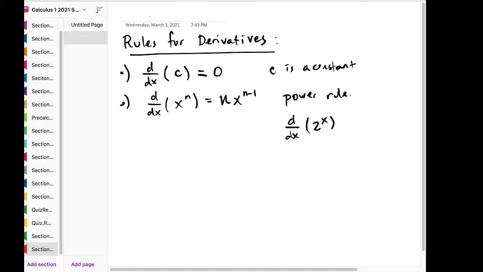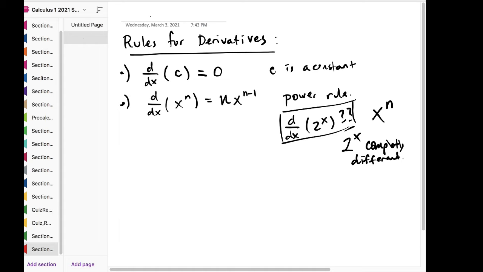Well, this is a totally different function, right? This is not of the form x to the n, right? Power rule is only for x raised to the nth power. 2 raised to the x power is completely different. So we don't know yet how to find this derivative. So this is not power rule.